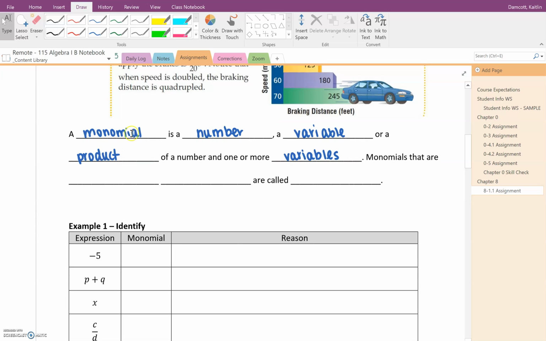Again, a monomial is a number, a variable, or a product of a number and one or more variables. So we can have things that are multiplied together.